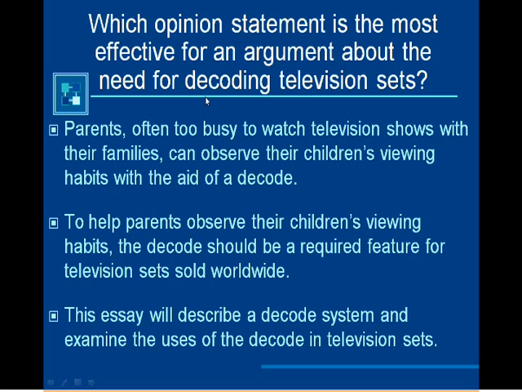So like you put a password or something, and only the parent knows the password, so some of the movies or some of the programs wouldn't be allowed to be viewed on the TV set itself. Now, the third opinion statement is: this essay will describe a decoder system and examine the uses of the decoder in television sets. Which one is the effective one for the argument about the need?